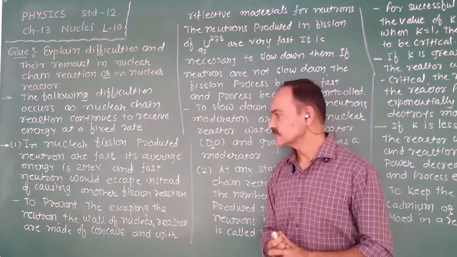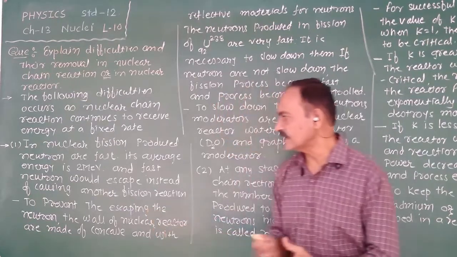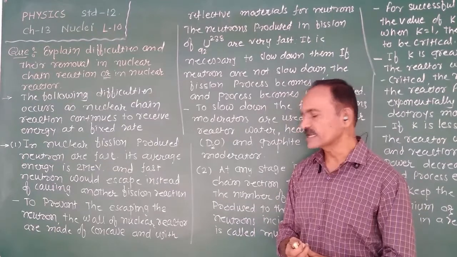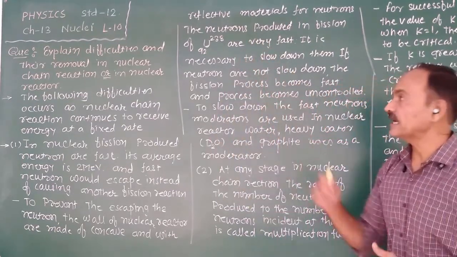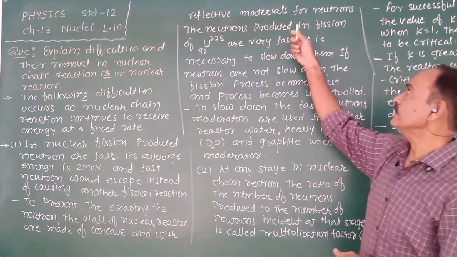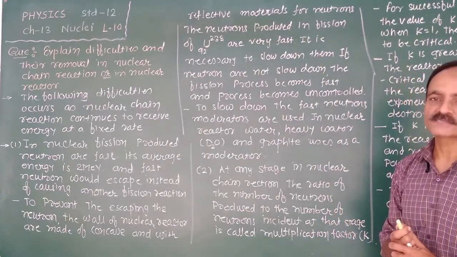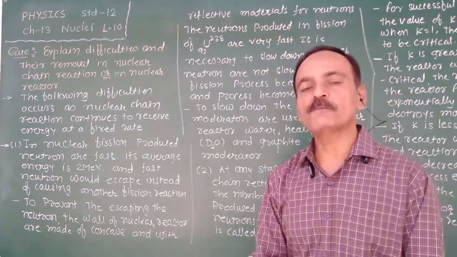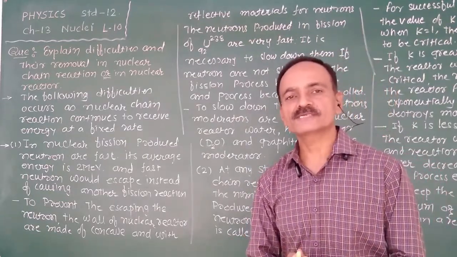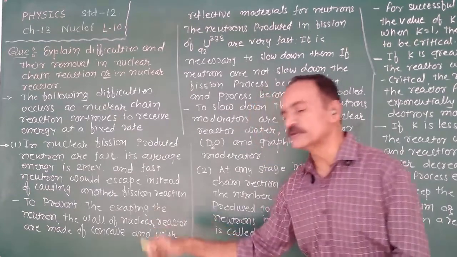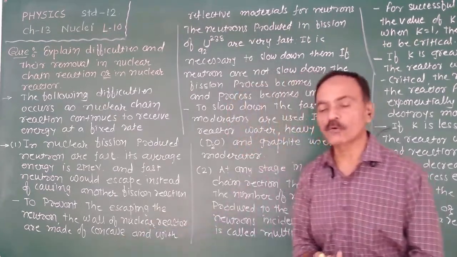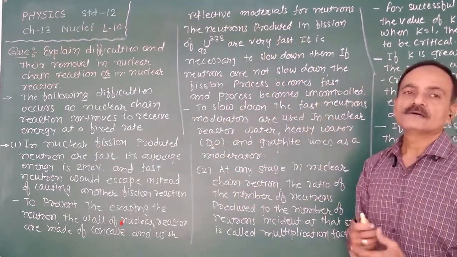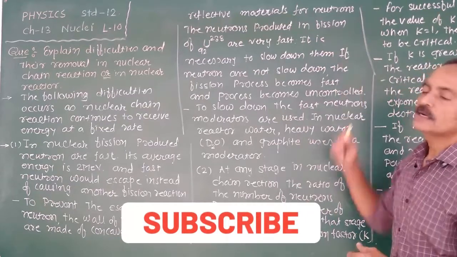Second, to prevent the neutrons from escaping, the wall of the nuclear reactor is made concave and with a reflecting material for neutrons. To prevent the neutrons from escaping without performing fission, the surface of the nuclear reactor is made concave with a reflective material for neutrons.